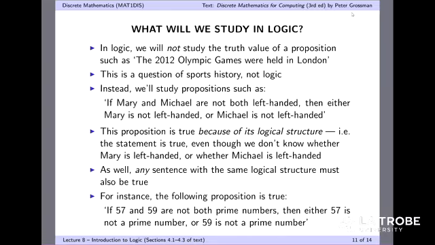57 is not prime, it's divisible by 3 and 19. Do you agree with that? So 57 is not prime, 59 is prime. The first statement is saying, if 57 and 59 are not both prime numbers, then one of them is not prime. We don't have to determine which one of them, 57, is not prime.